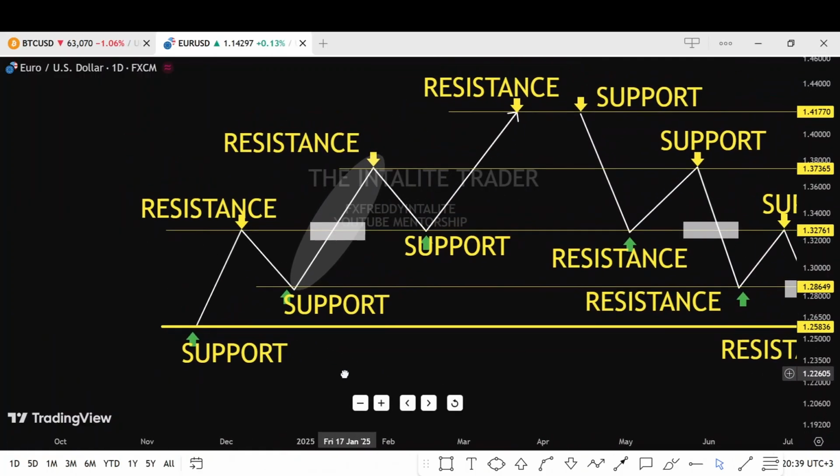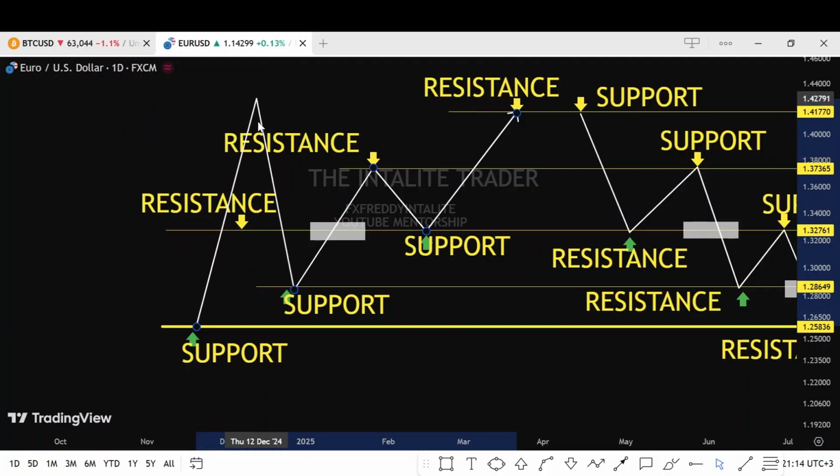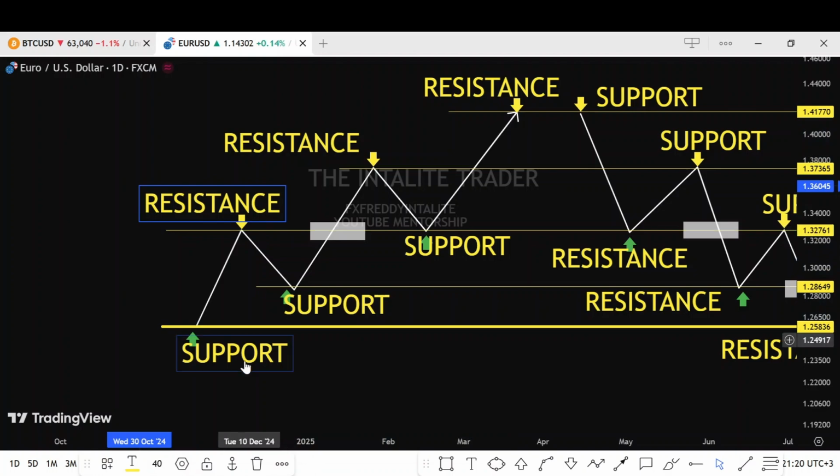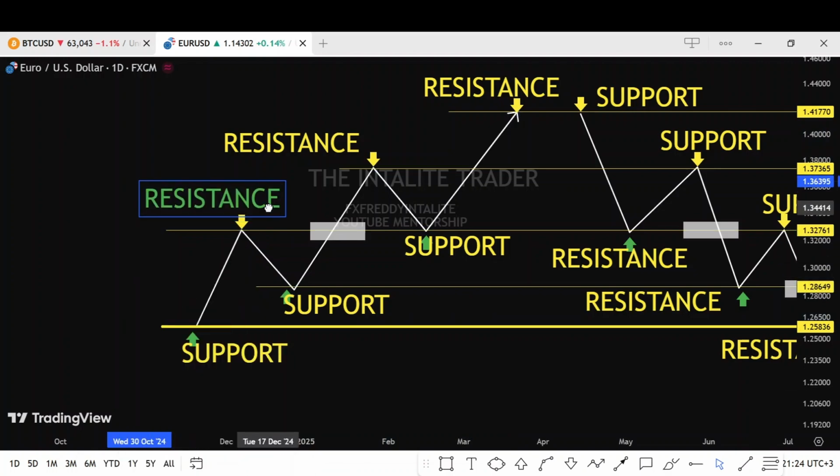Then we see price traded up. This price traded from here, coming up, giving you this move. Later on, it encountered some opposite force that stopped price from going further up. Instead, it rested here at this point. We shall call this resistance. We shall call this a resistance level.